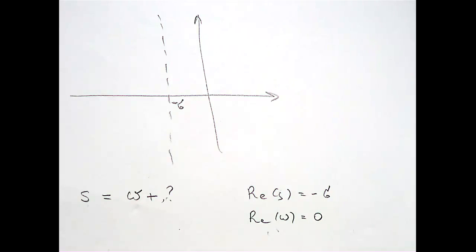So if you have here minus sigma, when the real part of w is 0, then the real part of s is minus sigma. When you rewrite everything in w coordinates, checking that the real part of w is negative is the same as saying that the real part of s is smaller than minus sigma.